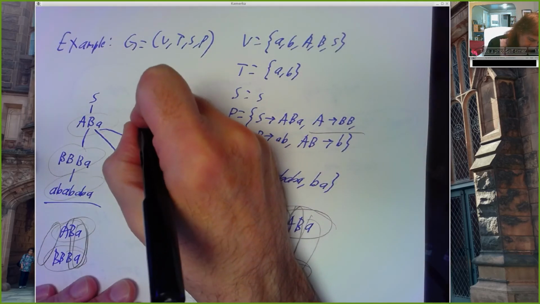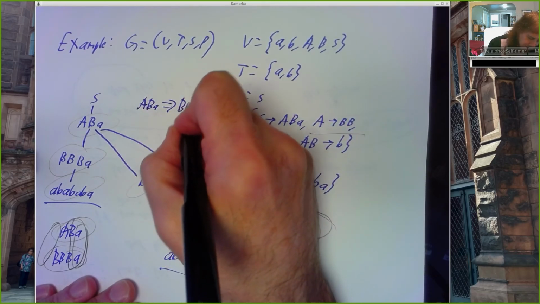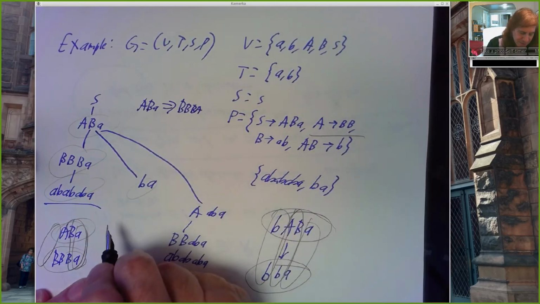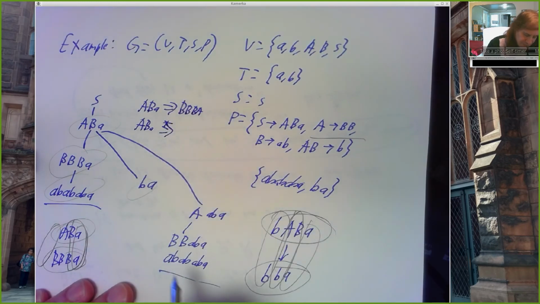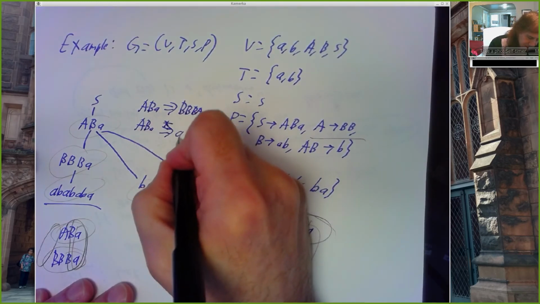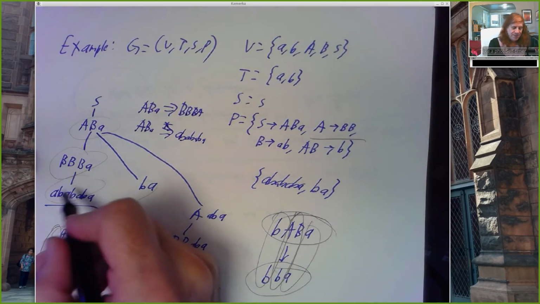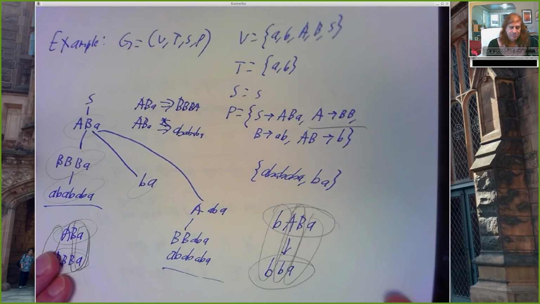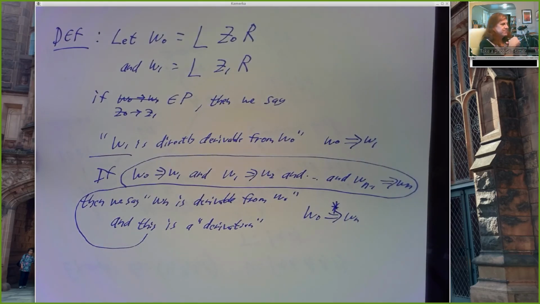So ABA can be directly derived into BBBA, because there's a production rule for replacing AB with BB. On the other hand, ABA has a derivation into this string down here, because this is directly derivable from that, and that's directly derivable from that. So derivable just means a series of direct derivations.